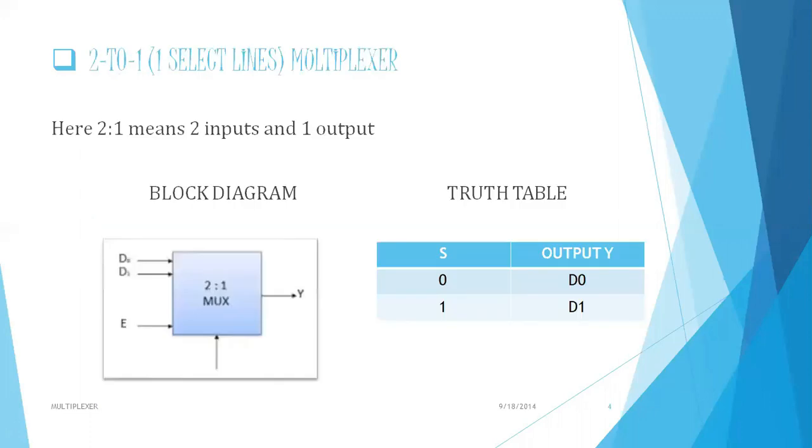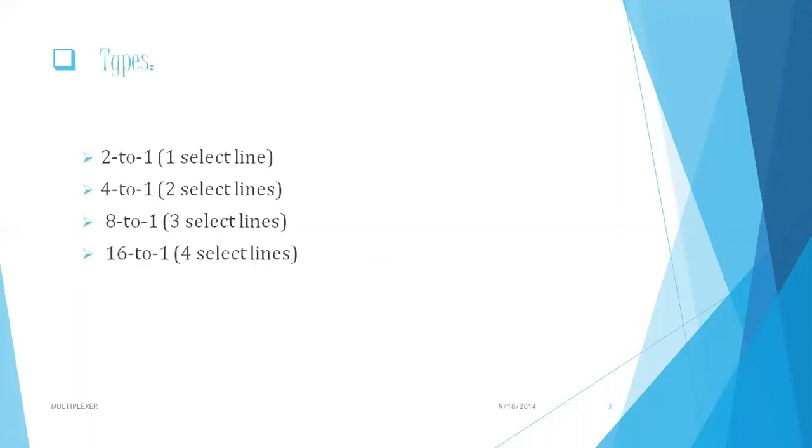In a 2 to 1 multiplexer, we pass two inputs, that is 2 power 1. So how many selection lines will it require? Only one selection line. Next, 4 to 1 multiplexer. 4 means 2 power 2, so two selection lines are required.